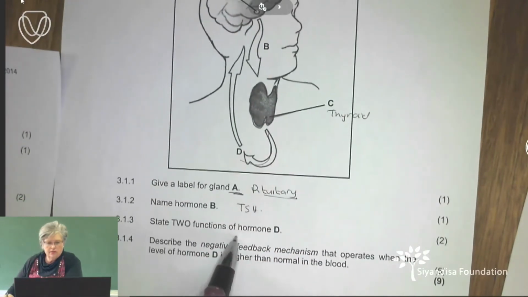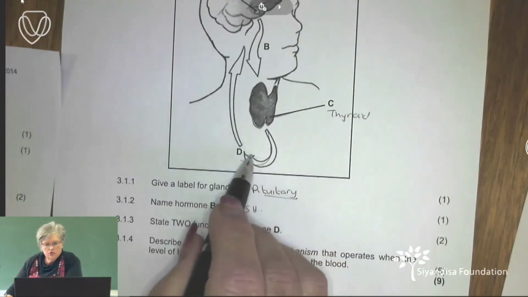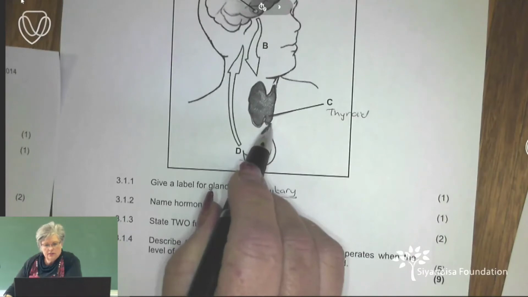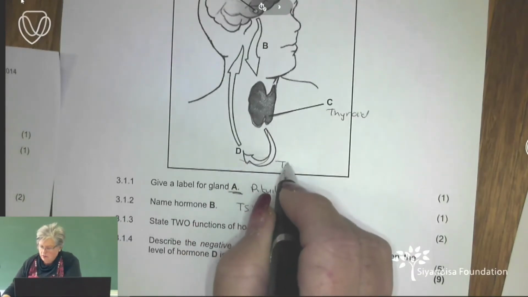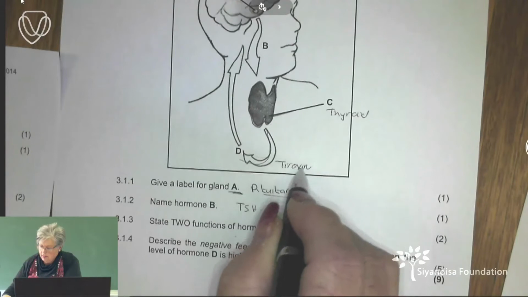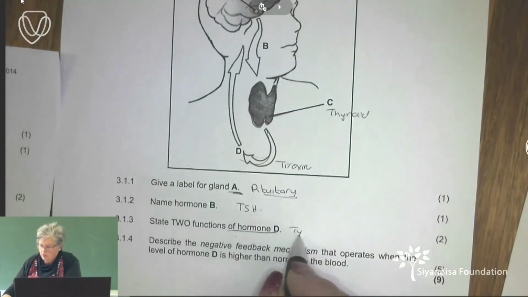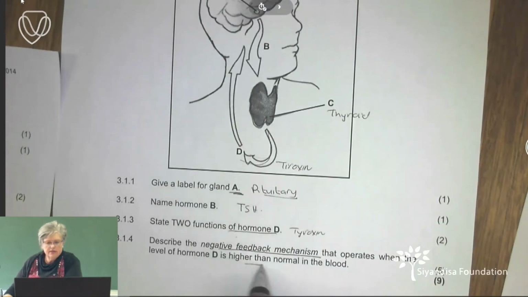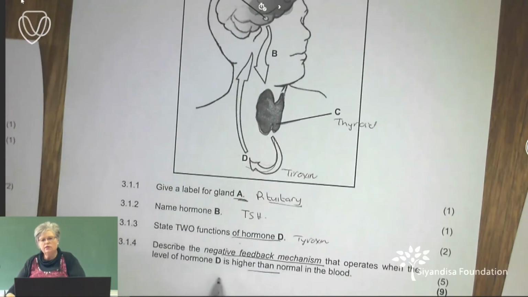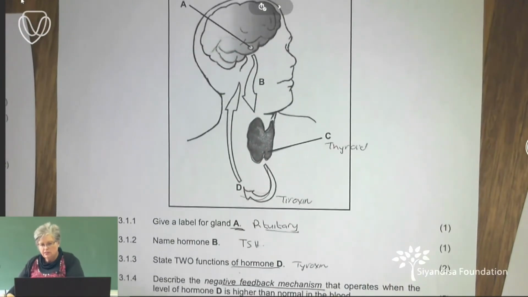Then state two functions of hormone D. What is hormone D? What does the thyroid secrete? The thyroid secretes thyroxine. So what are the functions of thyroxine? And describe the negative feedback mechanism when it's higher. So can you see what makes it a more difficult question?